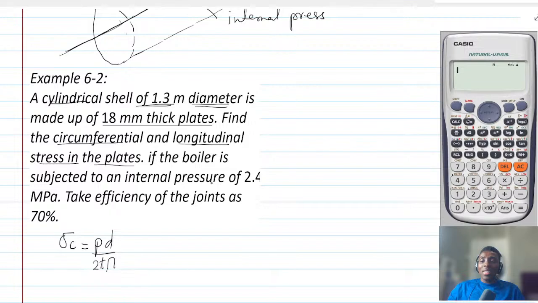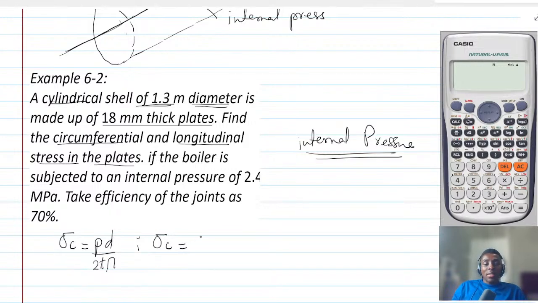Now, the circumferential stress is going to be simply the internal pressure times the diameter, divided by 2 times the thickness, because these are pressure vessels.